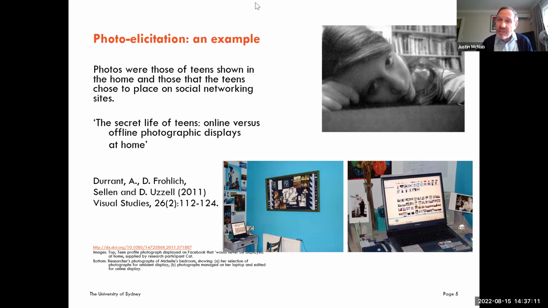This is very much the same thing: how these young women presented themselves to the world in the form of social media, but also to the still private, but perhaps slightly more public family spaces, and then their very private bedroom spaces.